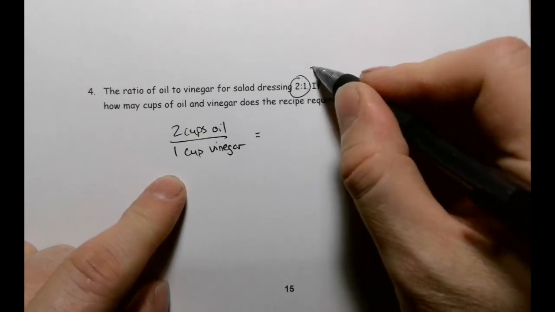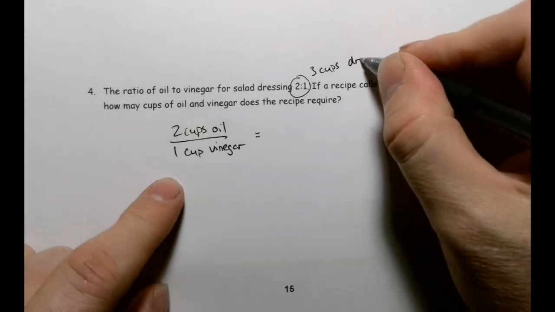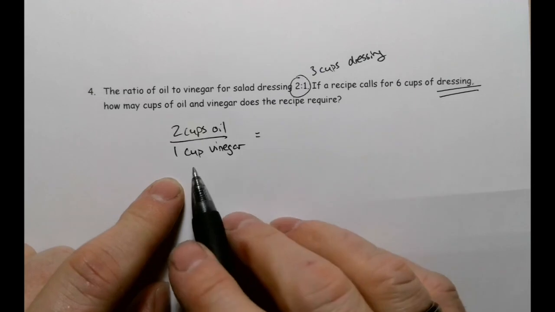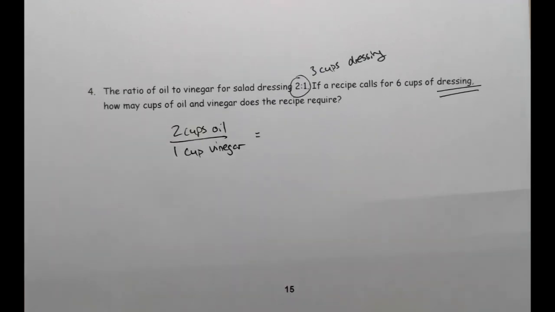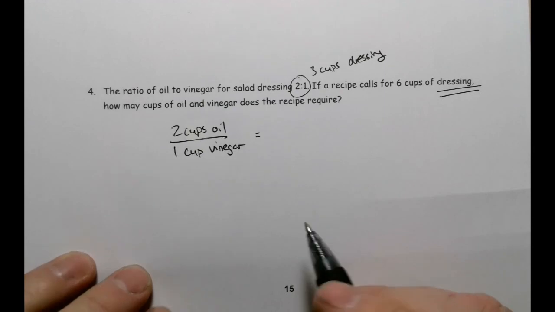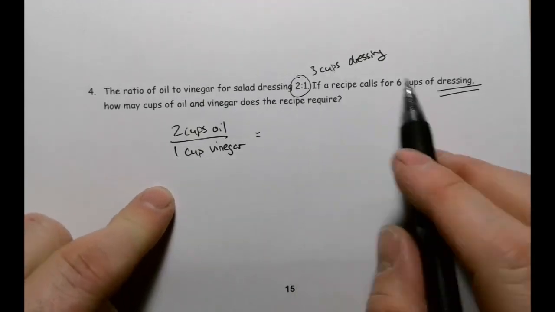This is one of the nice things about working with a unit ratio, which is sort of what I've got here, 2 to 1. I can very easily multiply this by the multiplication factor. If I want to go from 3 cups to 6 cups, I just have to double the recipe.